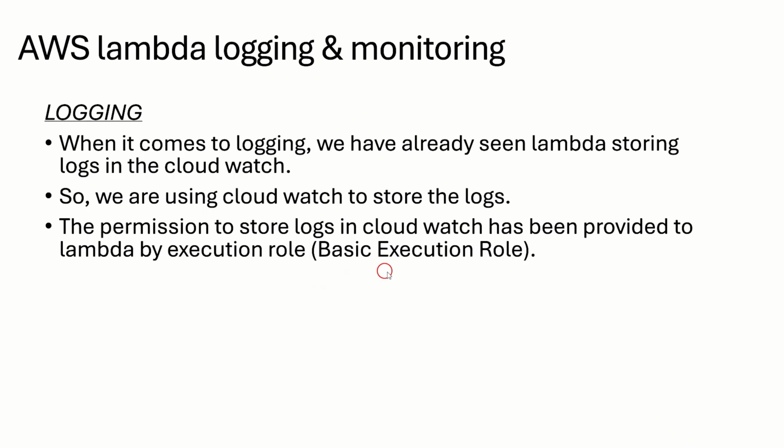If you observe the Lambda basic execution role that we discussed earlier, it has an IAM policy attached there for the Lambda to access CloudWatch. By using that permission only, Lambda was able to store logs into CloudWatch.